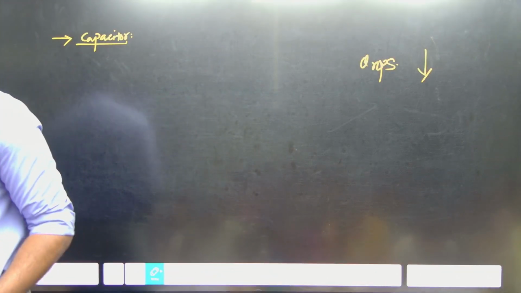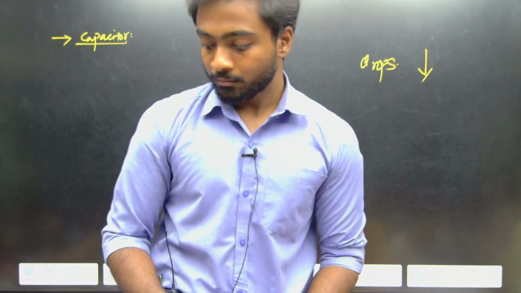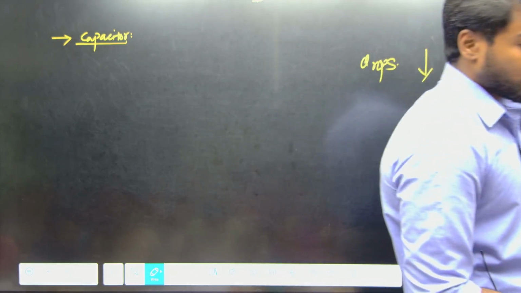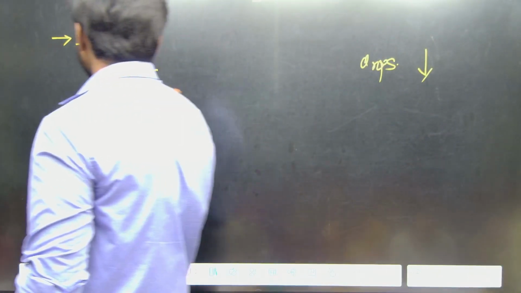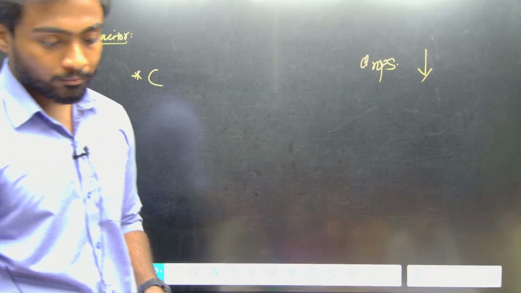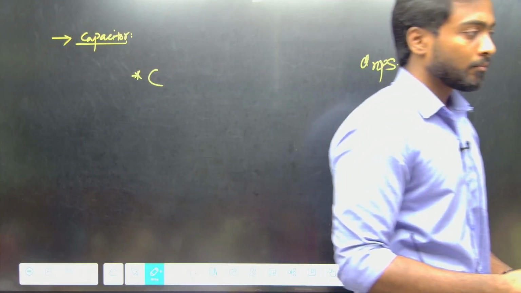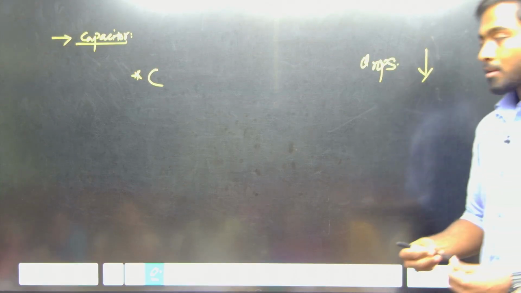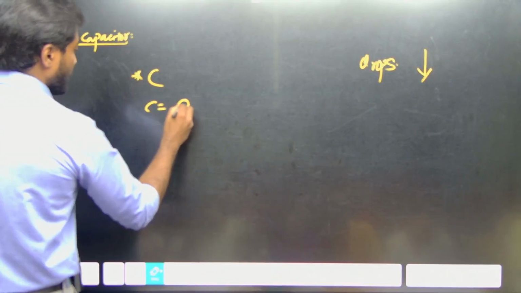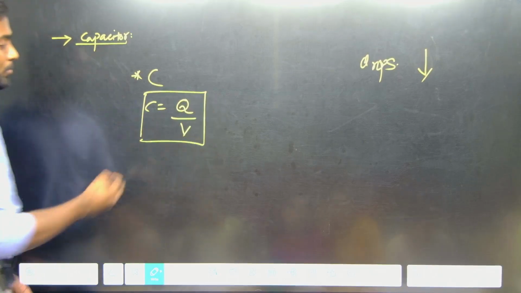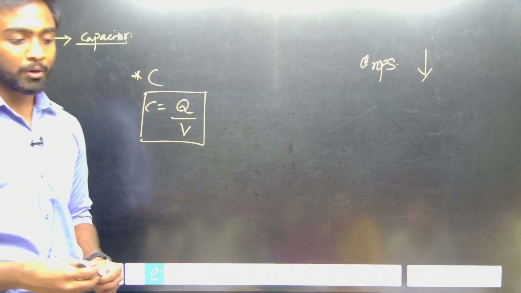Write down the next topic, capacitance, which is denoted by the symbol C. The formula is C is equals to Q by V. What is Q there?